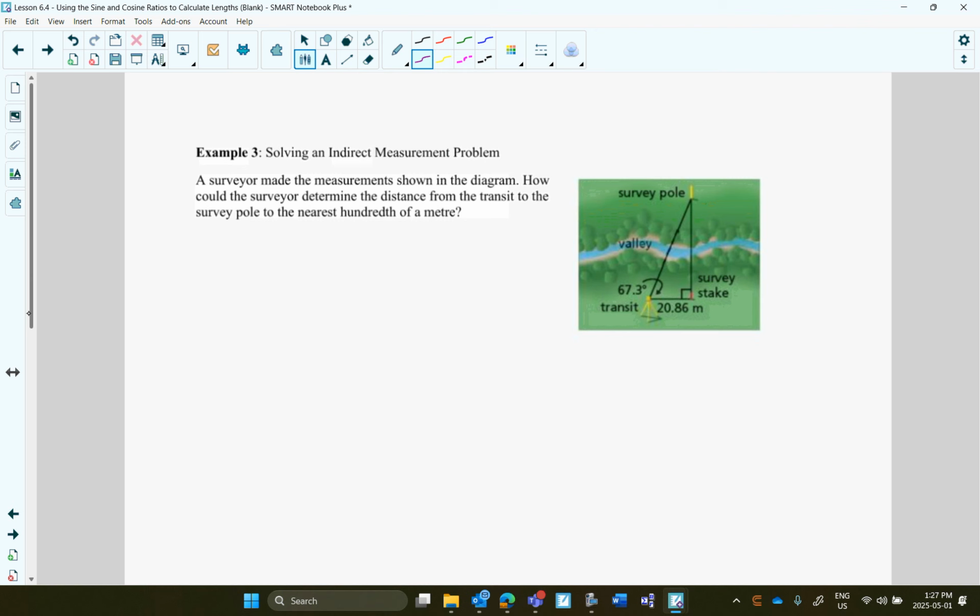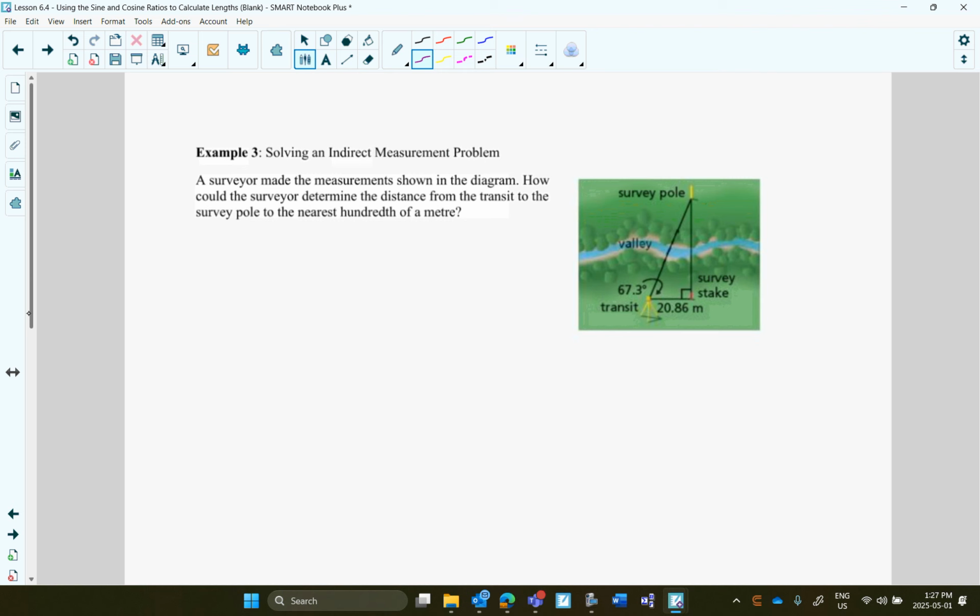When people survey to find distances, I don't know if you've ever seen one on the side of the road, but have you ever seen somebody with a tripod and what looks like a camera and they're looking through it? They're finding a distance because somewhere off in the distance there's a pole and they're using trigonometry to figure out the length of something, possibly for a construction project or something like that.